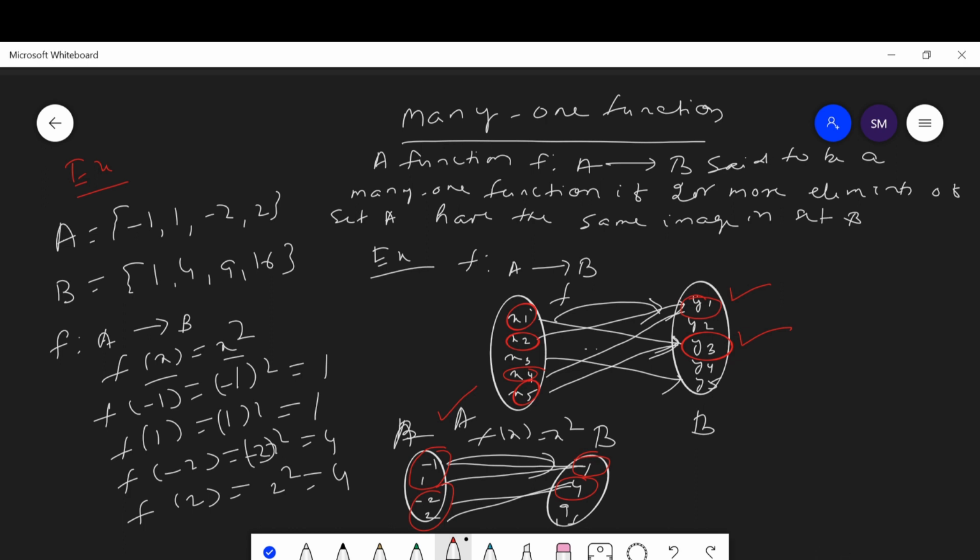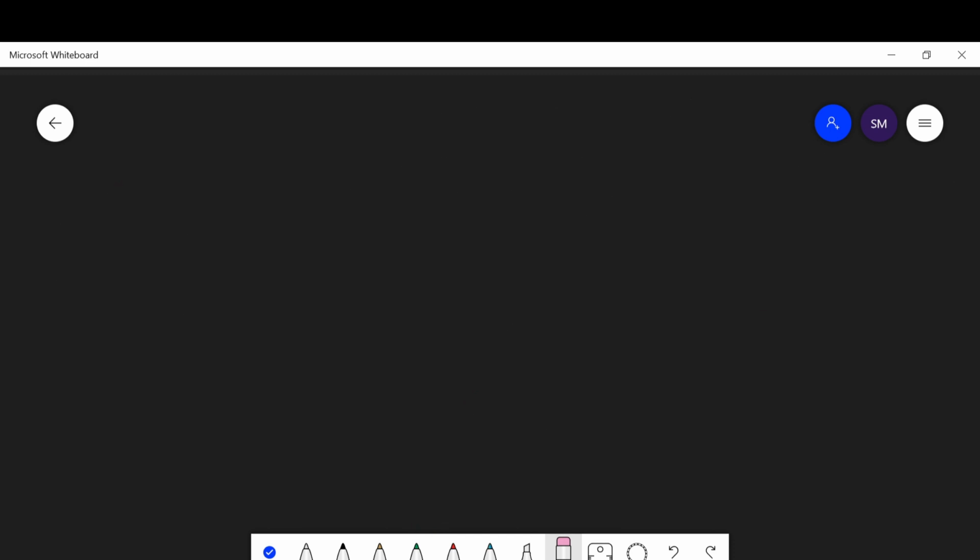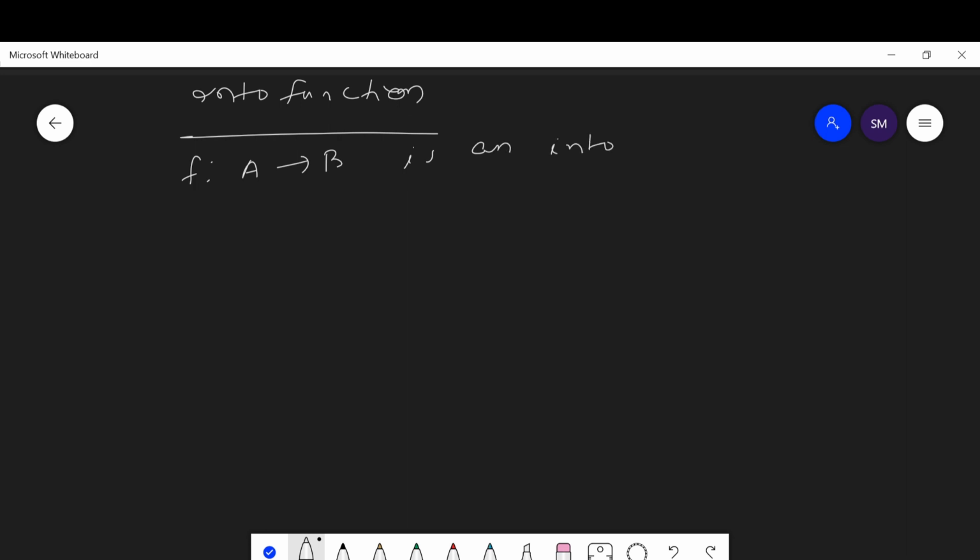Okay. Then let us discuss another: into functions. What do you mean by into functions? Here the function f from A to B is an into function, which is a function that is not onto.